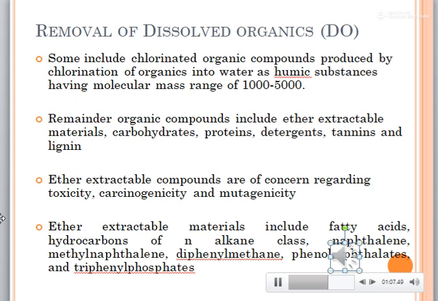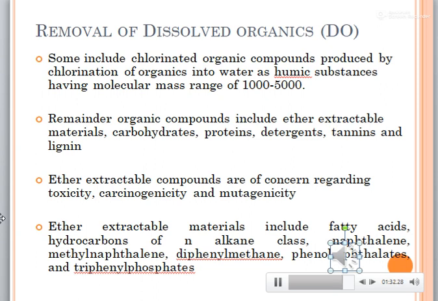Because of their high molecular mass and anionic character, the humic compounds influence some of the physical and chemical aspects of waste treatment. The ether extractable fraction contains many of the compounds that are resistant to biodegradation and are of particular concern regarding potential toxicity, carcinogenicity and mutagenicity.